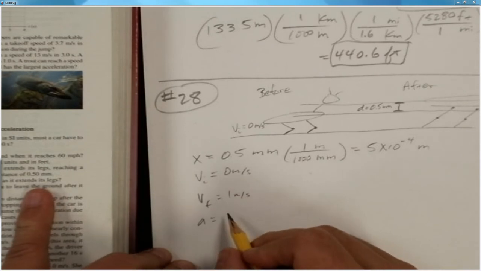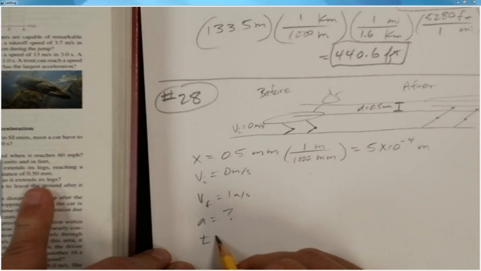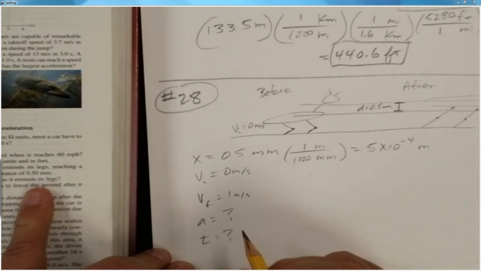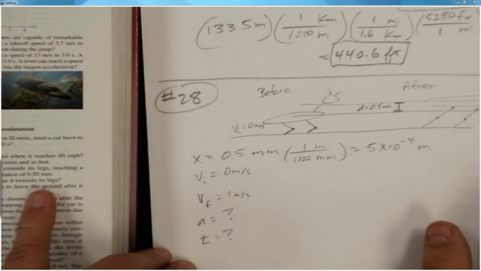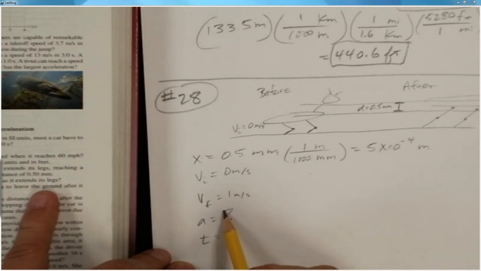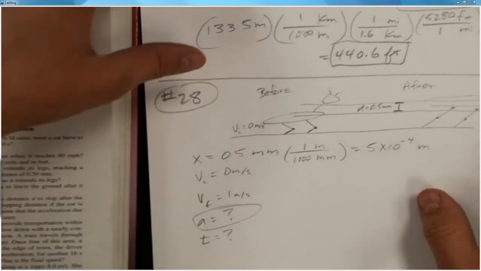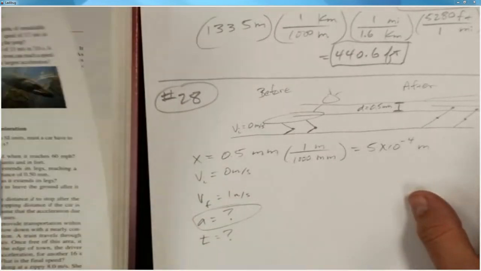Acceleration is unknown, and time is unknown. Part A asks me to find his acceleration, because part A says, what is the flea's acceleration as it extends its legs? And part B is, how long does it take the flea to leave the ground after it begins pushing off?